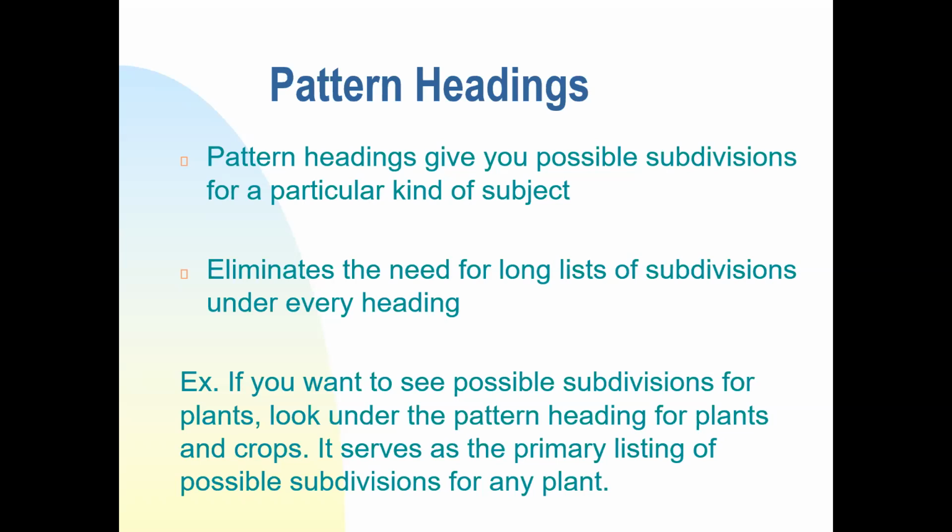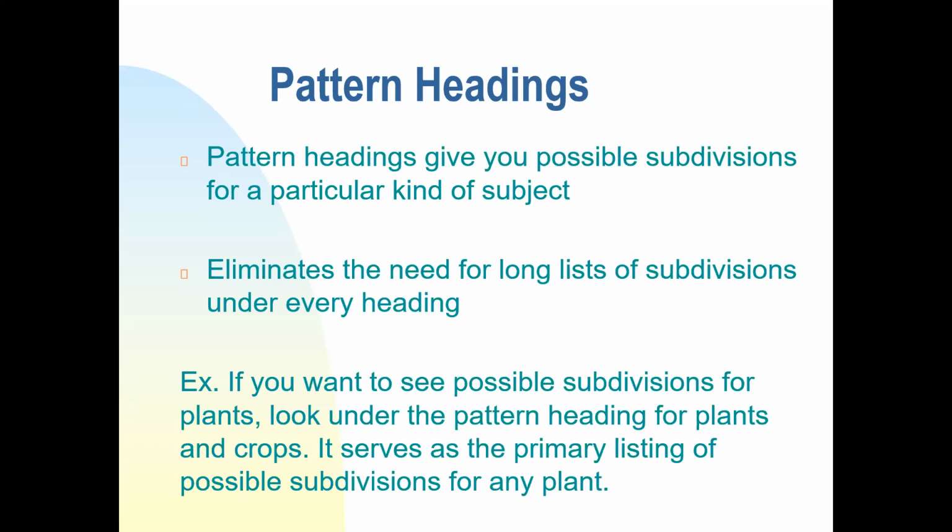Well, first of all, if you want to see possible subdivisions for plants, you'd look under the pattern heading for plants and crops. And so that's on the second page. Under science and technology, we see plants and crops. And that leads you to the pattern heading, which is corn.